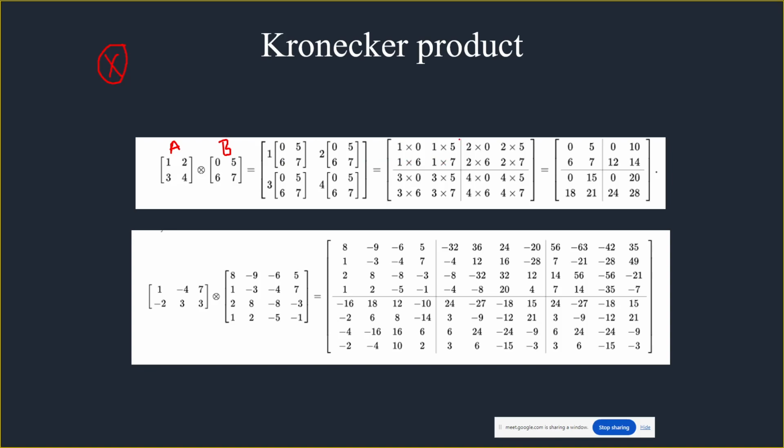We can divide it with these lines to see which part of the product we are doing. 1 multiplied by 0 is 0, 1 multiplied by 5 is 5, 1 multiplied by 6 is 6, and furthermore we are doing this.